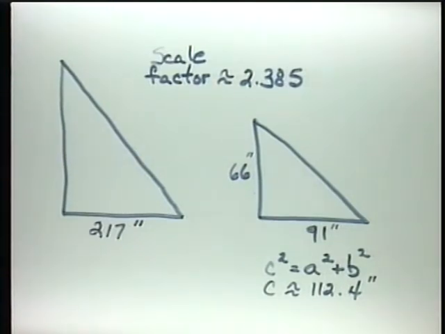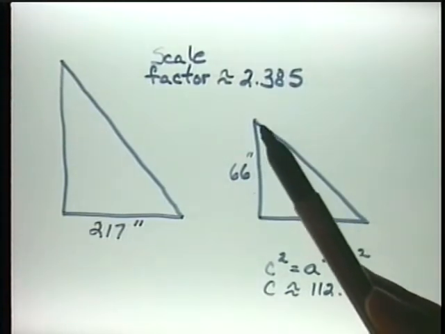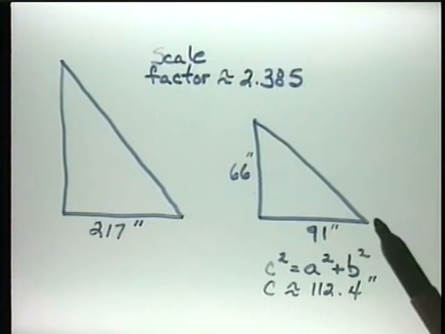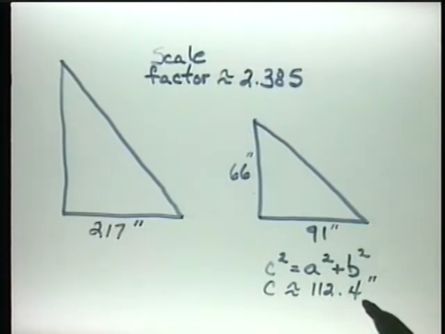The third side of the triangle for the student can be found by using what's called the Pythagorean Theorem, because if you notice, the student and her shadow formed what's called a right triangle. Therefore, the length from the top of the student's head to the end of the student's shadow would result in being 112.14 inches using the Pythagorean Theorem.